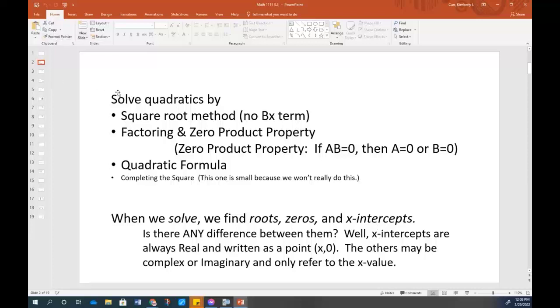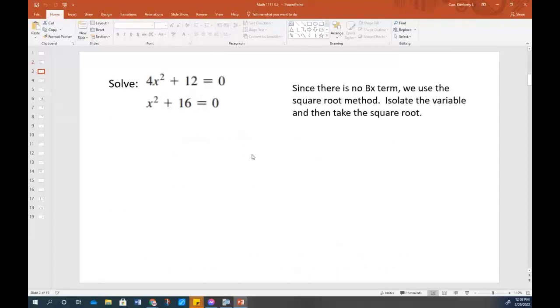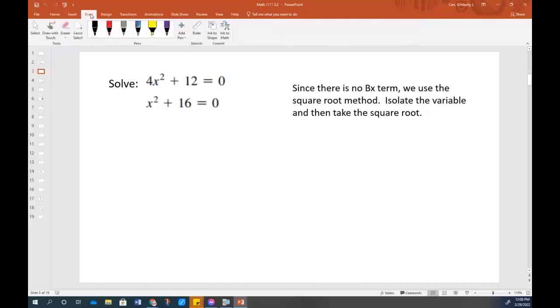Okay? So what we're going to do in the next several slides is we'll talk about the square root method, do a couple of examples, factoring and zero product property, and some examples, and then the quadratic formula. Some of these examples may be a little bit blurry. I didn't have time to retype each thing here, but since there's no bx term, let me just back up for a moment and make sure that you're aware of what I mean by the bx term.